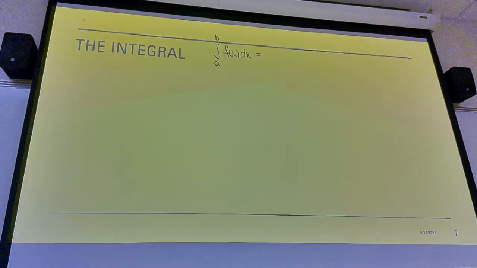Does Riemann sum sound familiar? Integral is the limit of the Riemann sum.